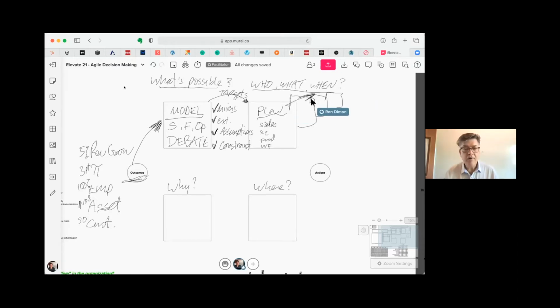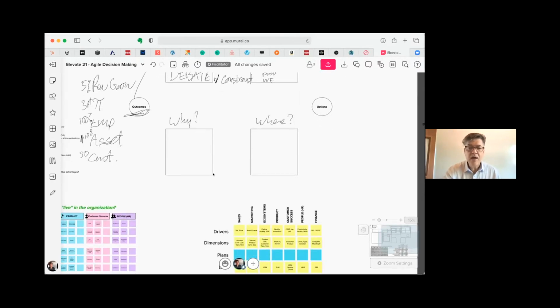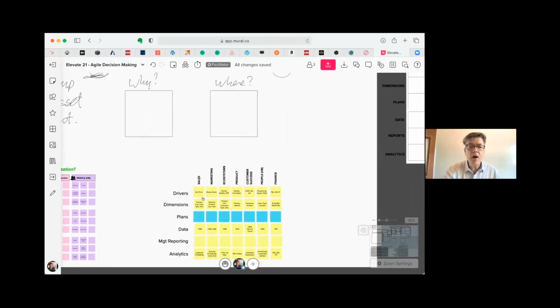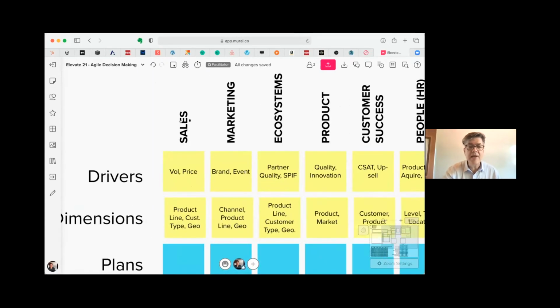So every organization is different. Every industry is different. How you cascade might be different. Yet again, it might be different in different business units. So the way I like to think about that difference of how we cascade business plans down is through dimensionality. What are the dimensions of our business? So in sales, I might cascade that down through my product line group, or through my customer type group, or through my geography.